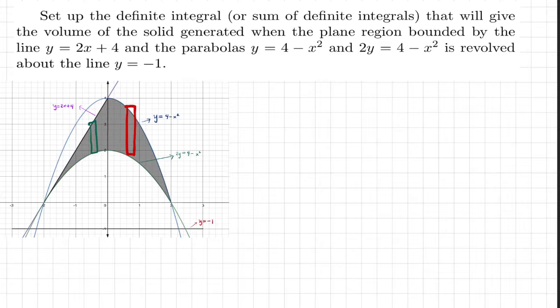What you can do here is to divide this shaded region into two sub-regions. For example, we call this sub-region R1 and let's call this sub-region R2.